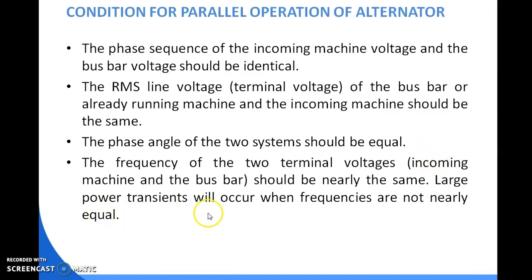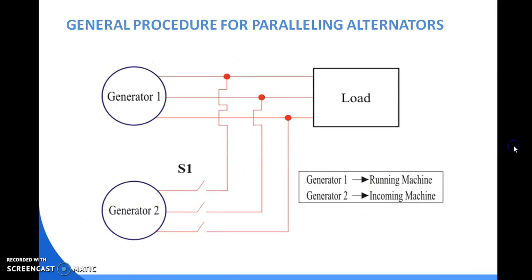Large power transients will occur when frequencies are not nearly equal. So, these four conditions are to be satisfied so that parallel operation of alternator can be done.